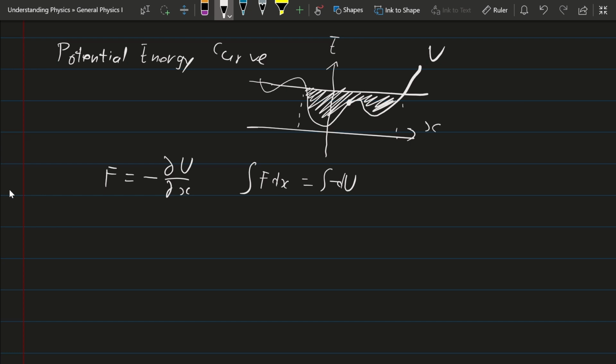Then if you take the integral of these two guys, you would obtain this to be the work, which is the negative of the change in potential energy. So basically this is the same thing as this. So this is one of the important things for you to know about a potential energy curve, that you could determine the force on the object thanks to this relation.